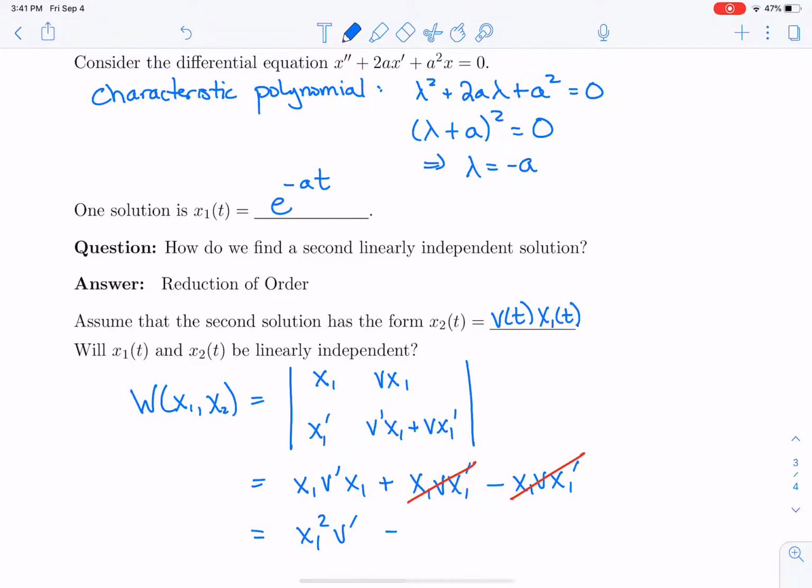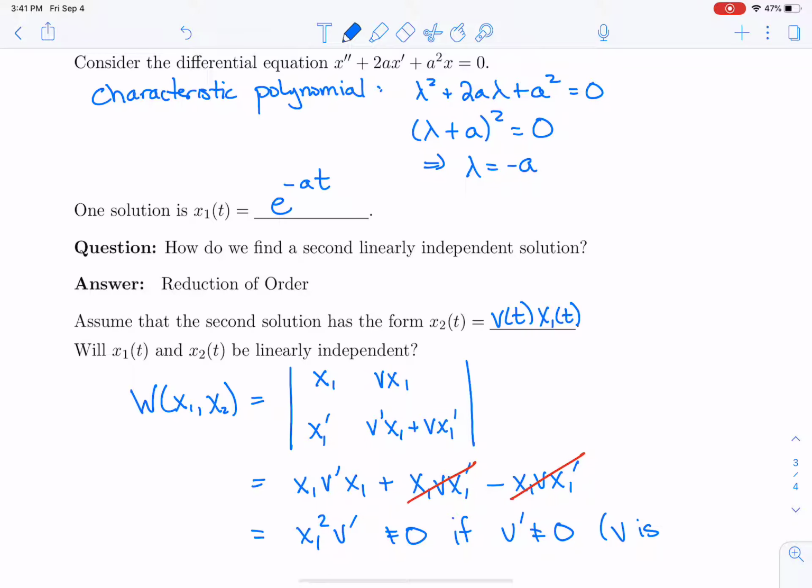So this is not equal to 0 as long as v prime is not equal to 0. Well, what would it mean if v prime was 0? What that would mean is that v is a constant. Well, if v was a constant, then x2 would just be a constant multiple of x1, and of course it would not be linearly independent.